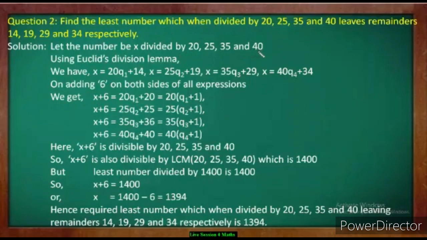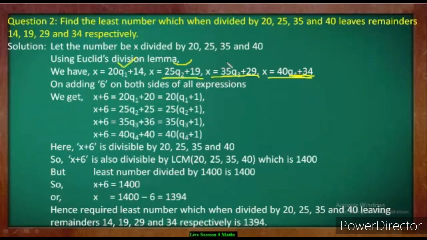Using Euclid's division lemma, we can express x as 20 times a quotient plus a remainder, 25 times a quotient plus 19, 35 times a quotient plus 29, 40 times a quotient plus 34. In all these numbers you will see there is a pattern.